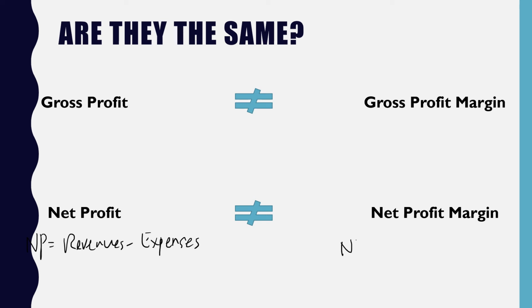Whereas on the other hand, the net profit margin is calculated by taking the net profit over net sales. Again, net profit is expressed in dollars, whereas the net profit margin is expressed as a percentage.